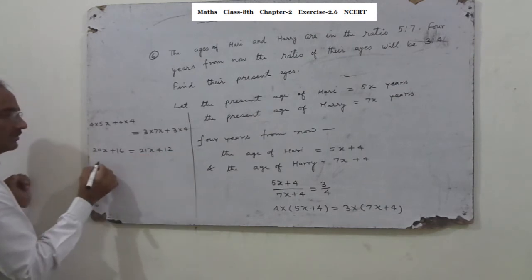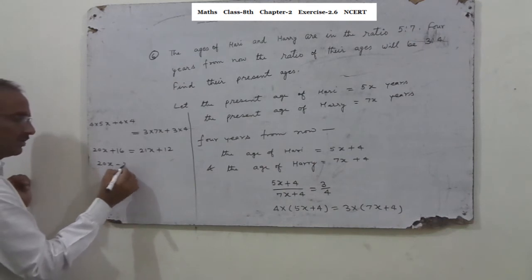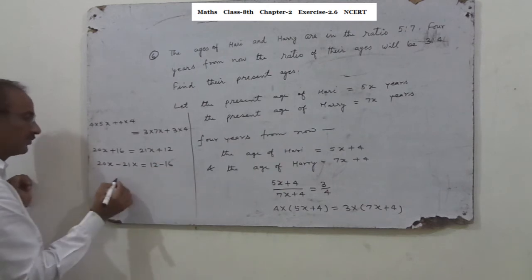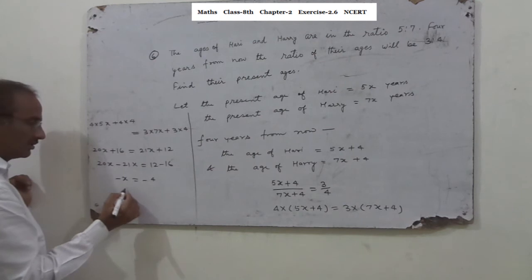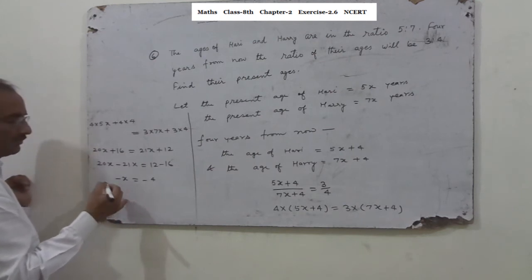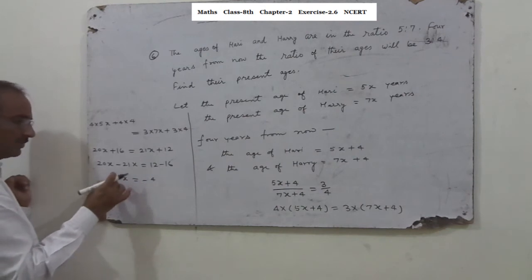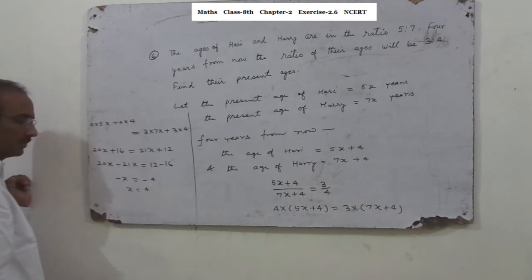On transposing, we get 21x minus 20x equal 12 minus 16. So it is minus x and it is minus 4. Cancellation, minus from left and right, we get x equal 4.